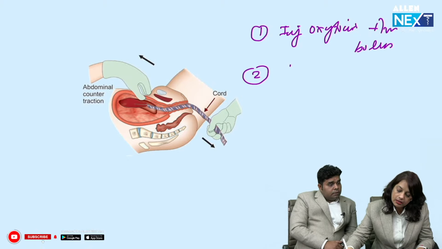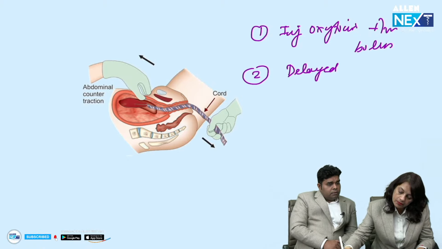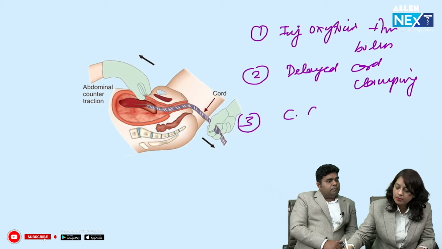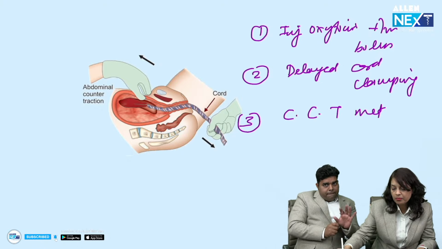Then delayed cord clamping, and number three is delivery of the placenta by controlled cord traction.